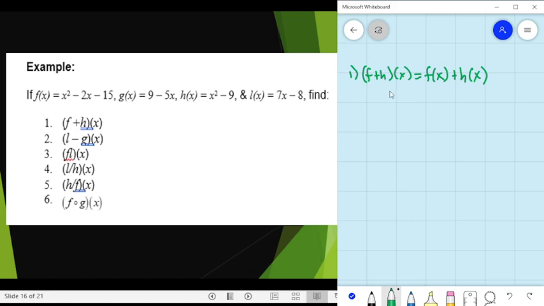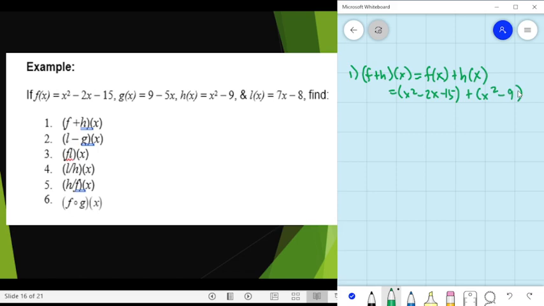So atong F of X is we have quantity x squared minus 2x minus 15 plus ang atong H kay quantity x squared minus 9.